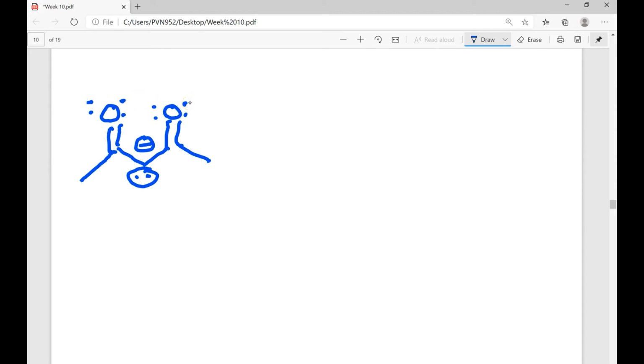So here is my deprotonated acetylacetone.